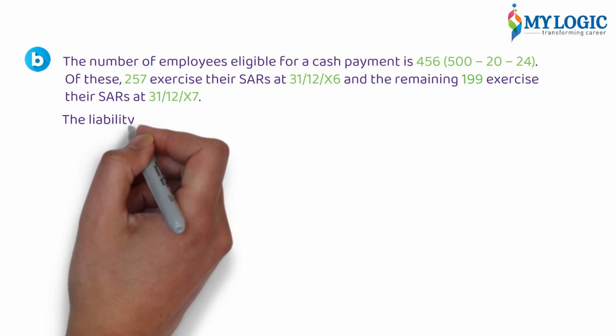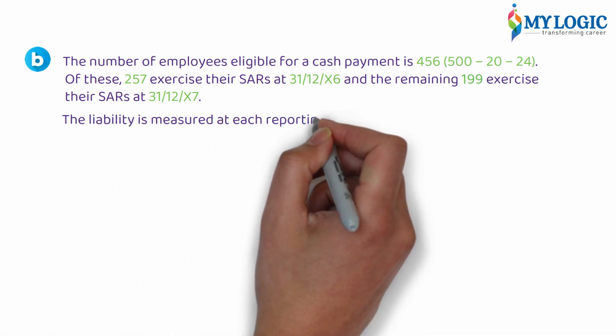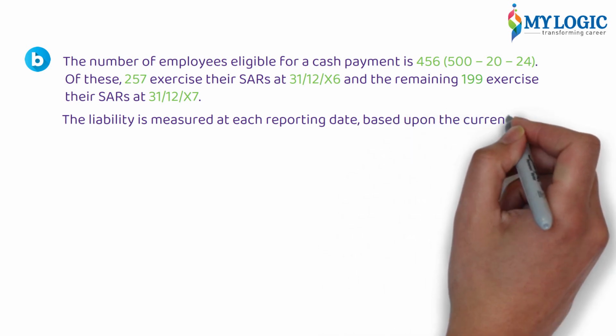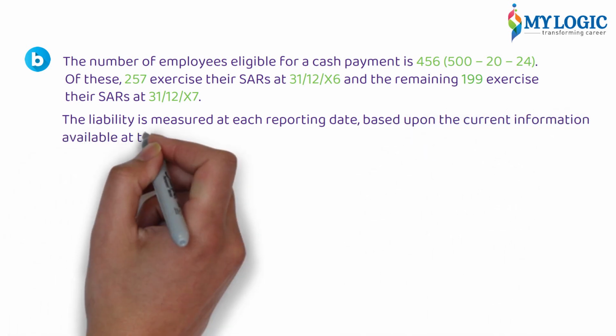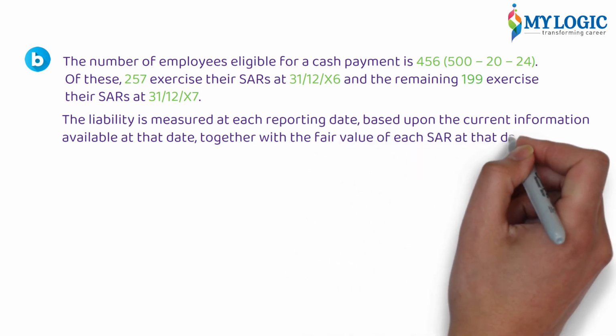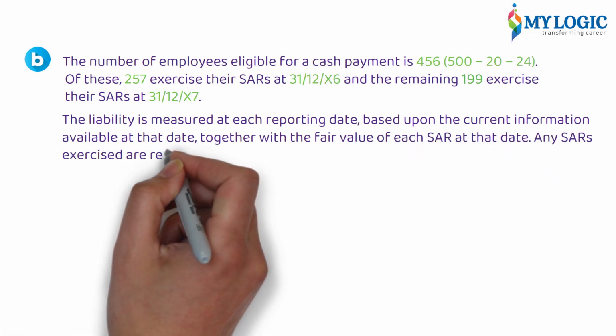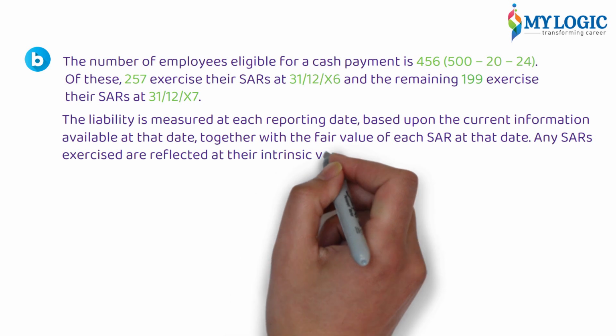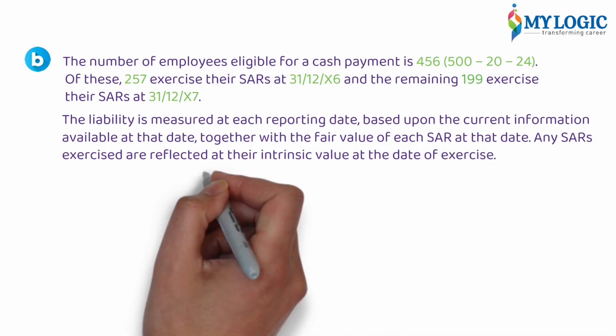The liability is measured at each reporting date based upon the current information available at that date, together with the fair value of each SAR at that date. Any SARs exercised are reflected at their intrinsic value at the date of exercise.